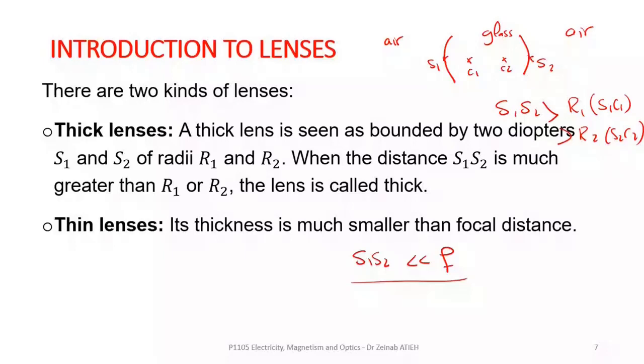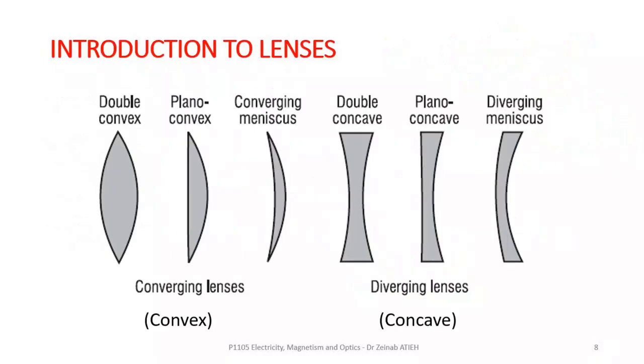Now, for thin or thick lenses, we have many different shapes. Different shapes will give us different focal lengths, but all of them will act the same. When we study a case, we don't draw a lens; we simply use the symbol of a converging or a diverging lens.